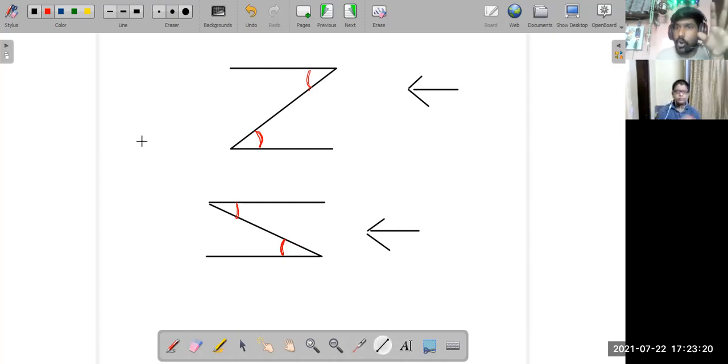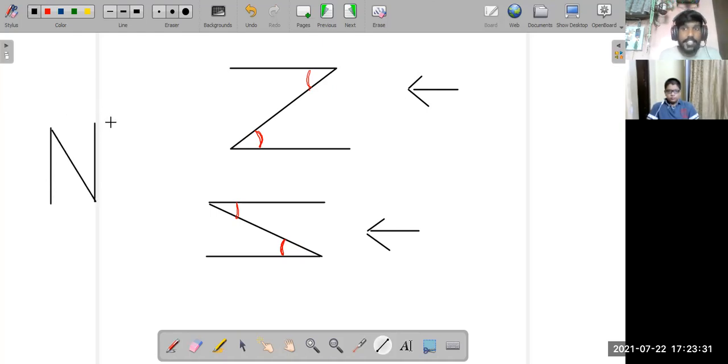Now this alternate angle can be formed this way as well. If you see, this is also Z, but a tilted Z. So angles formed at the corner will be alternate angles. Clear?